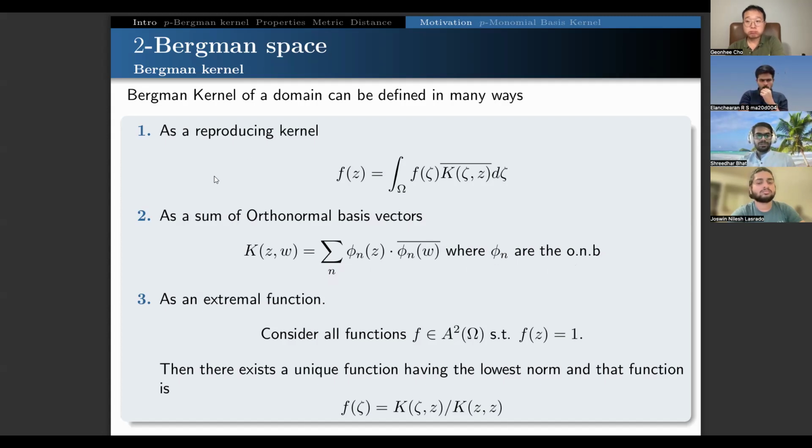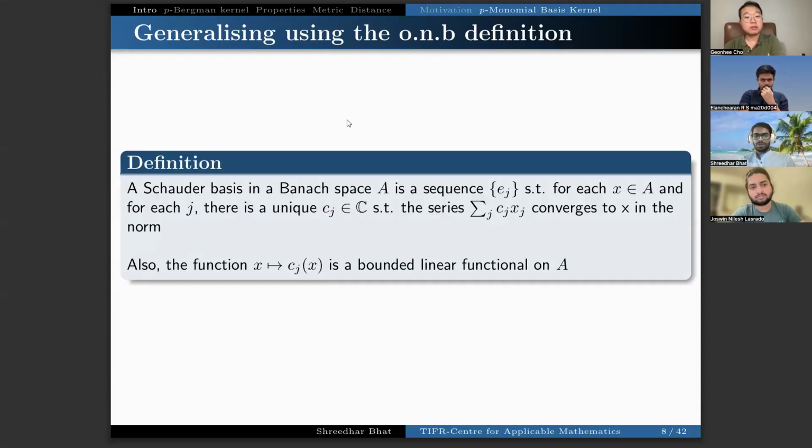So when p is not 2, you just have a Banach space, so you cannot expect an orthonormal basis. The next best thing you have is a Schauder basis. Let me recall what a Schauder basis is.